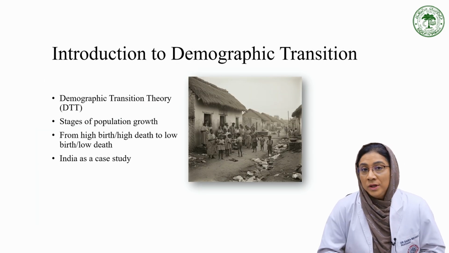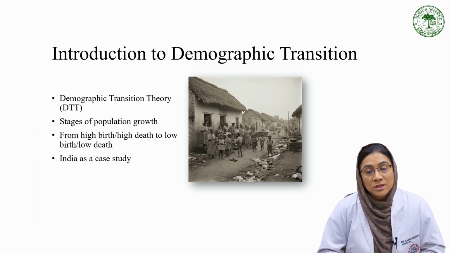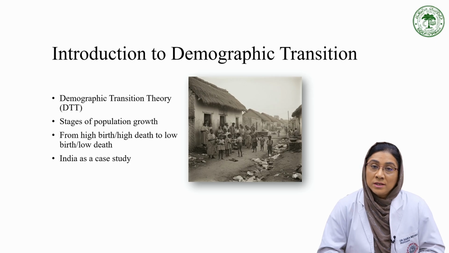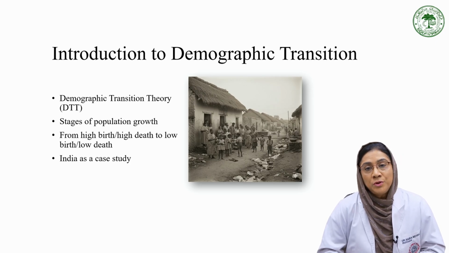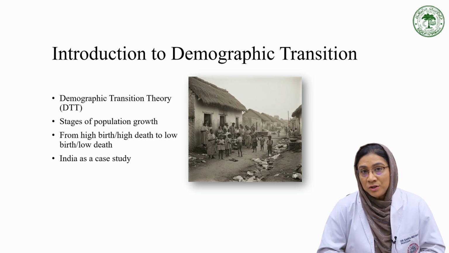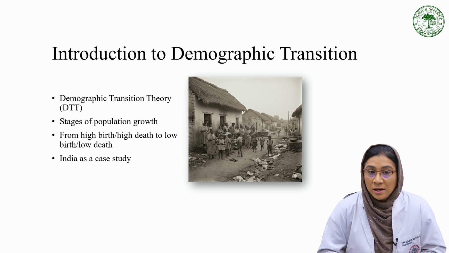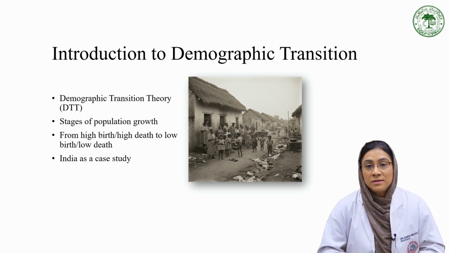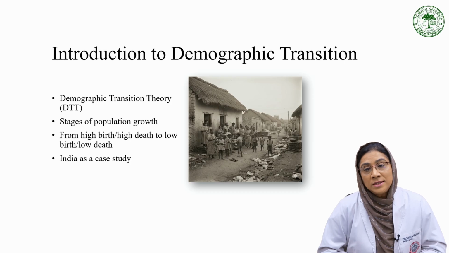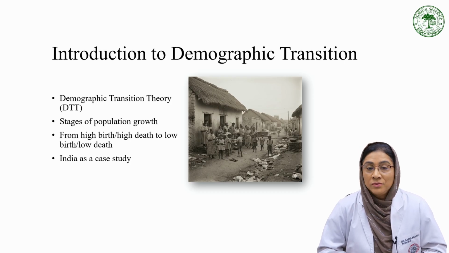Demographic transition theory explains how populations evolve over time with modernization. It describes 4 to 5 stages beginning with high birth and death rates and moving towards low birth and death rates as societies industrialize and modernize. India provides a fascinating case study because its states are at different stages of this transition simultaneously.